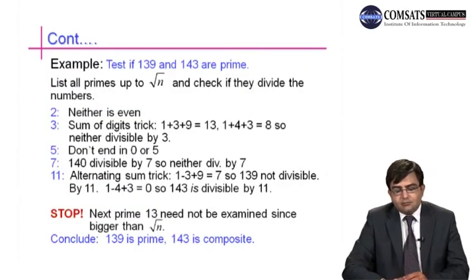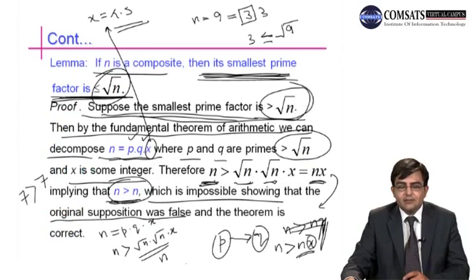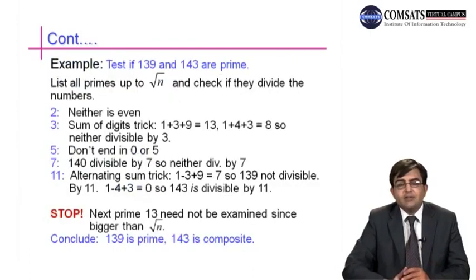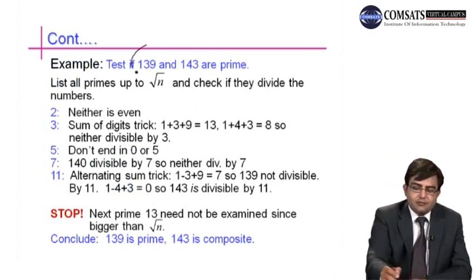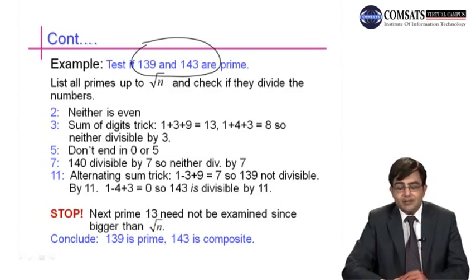So next is an example of the above theorem. If we have two composite-looking numbers, 139 and 143, which we have to prove whether these numbers are prime or not, how shall we proceed?